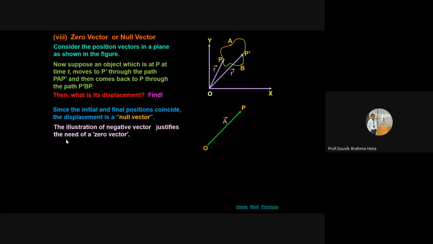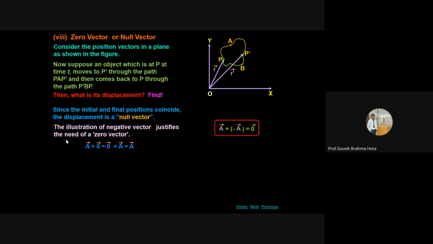Now you see this is OP, that is the A vector, which I can denote by the green line. If I take the same magnitude but in the opposite direction, then initially it was A vector, and it becomes minus A vector. So they coincide but in opposite direction. So A vector plus minus of A vector is 0.